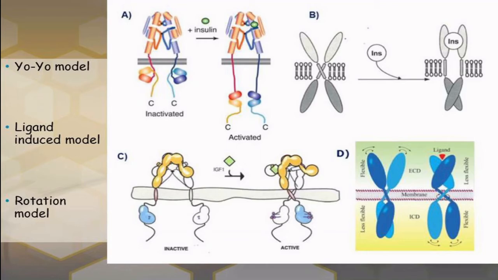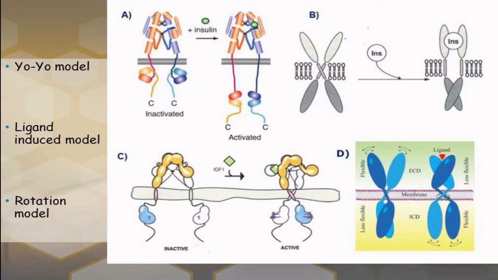The third model, also called the ligand-induced model, explains that in the presence of insulin there is cross-linking of the transmembrane domain, and as a result the tyrosine kinase domains come near to each other and get activated. The final model, D, is the rotation model, which explains the rotation of the different domains, particularly the transmembrane domain.